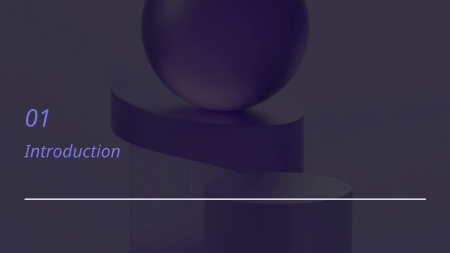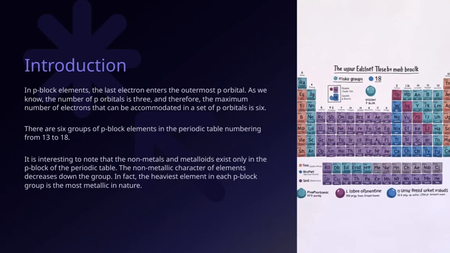It's interesting to note that nonmetals and metalloids are found exclusively in the P-block of the periodic table. As we move down a group, the nonmetallic character tends to decrease, meaning elements become more metallic. In fact, within each P-block group, the heaviest element tends to exhibit the most metallic behavior. There are 6 groups in the P-block, numbered from 13 to 18.